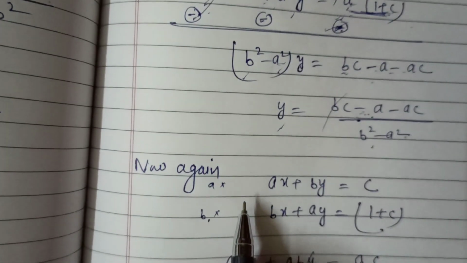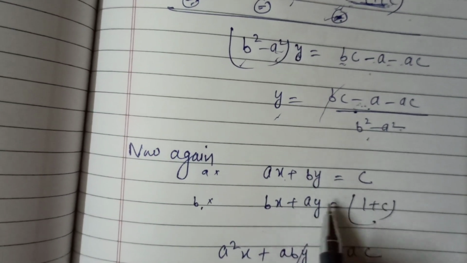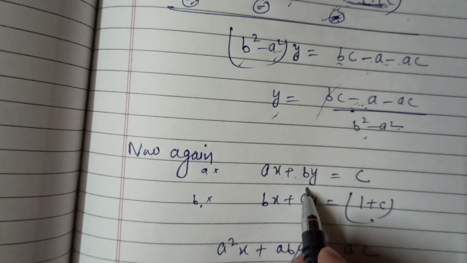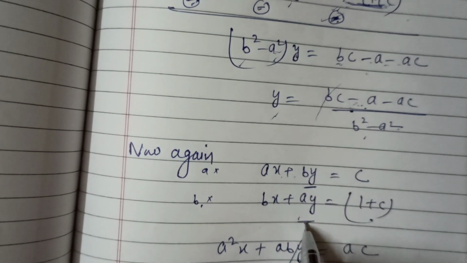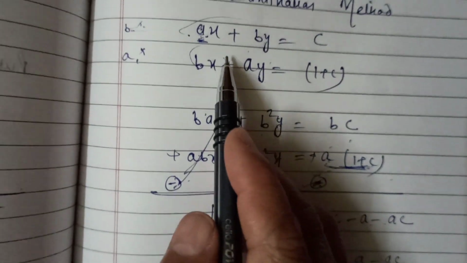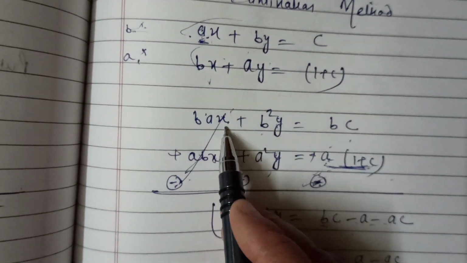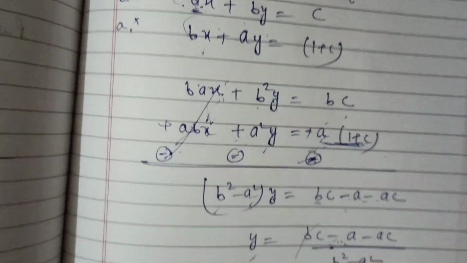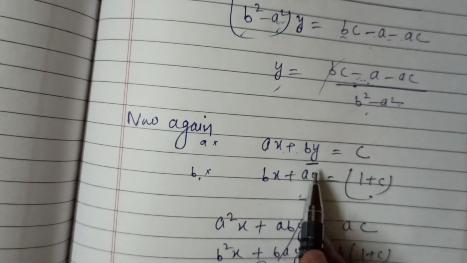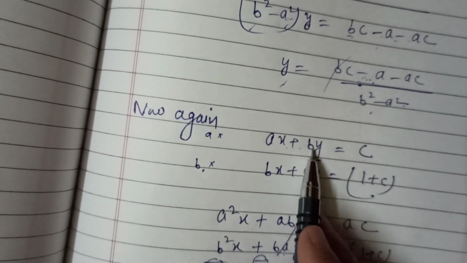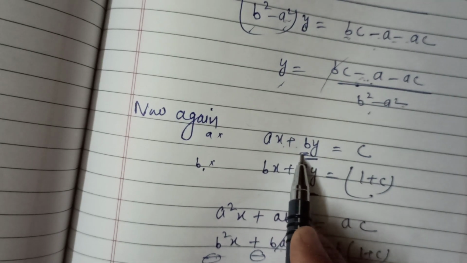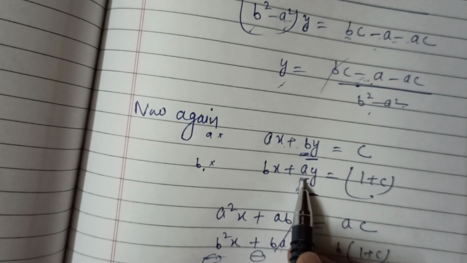Look, ax plus by, this is the statement. Now I want to make y coefficient same. Earlier I made x coefficient same. x was cut. Now I am making y coefficient same. To make y coefficient same, we will multiply this by a and we will multiply this by b.